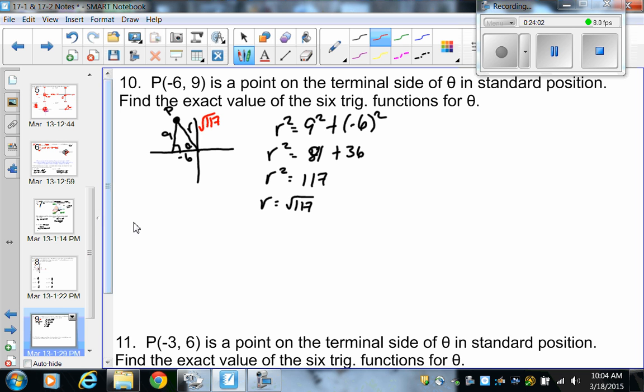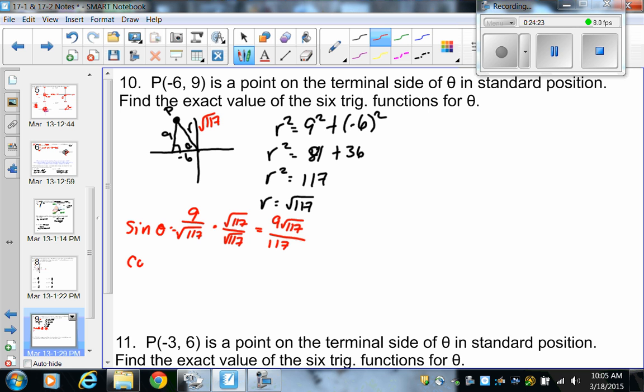my sine of theta is 9 over the square root of 117. But we cannot leave it like this. You have to rationalize the denominator. So we're going to multiply by the square root of 117 over the square root of 117. So that's just going to be 9 radical 117 over 117.